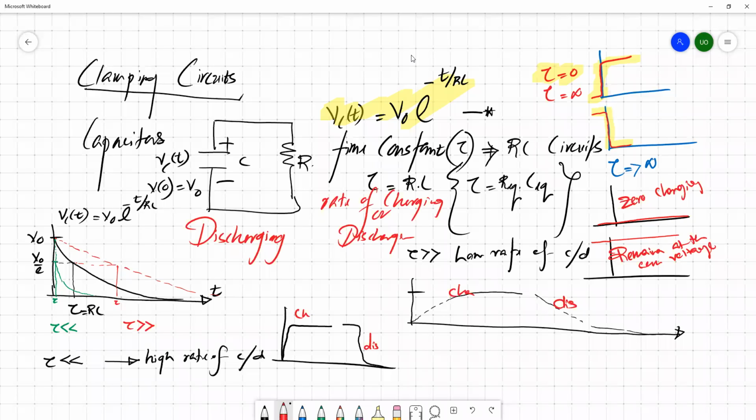Based on this comparison, the time the capacitor needs to drop to voltage 0 is high, so we can assume the capacitor never discharges. Mathematically, if your time constant is infinite, the capacitor is never charged, and at the same time it is never discharged. So whatever voltage the capacitor has in the previous stage remains as it is.